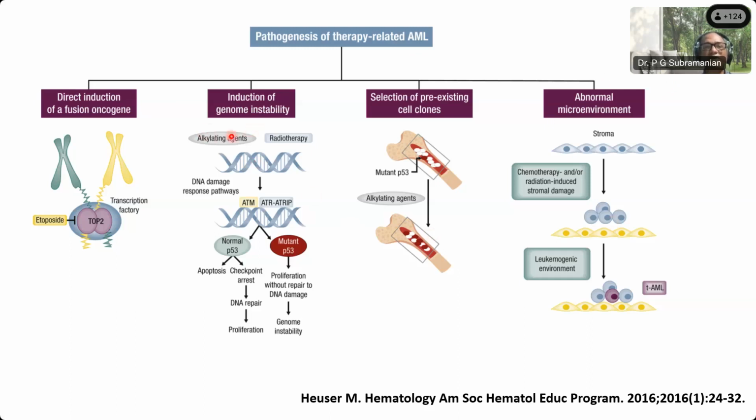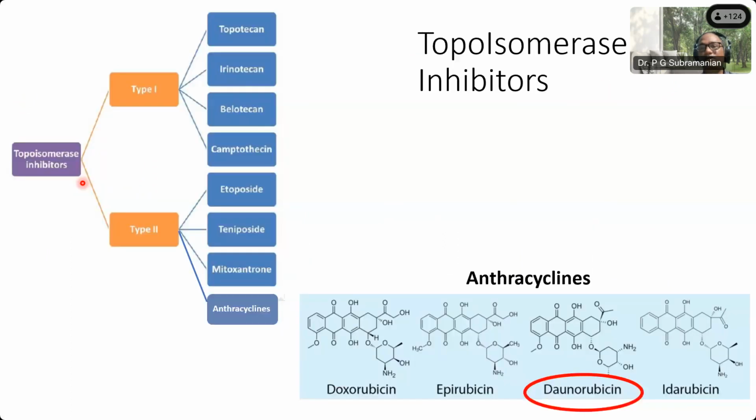We don't have much of alkylating agents or radiotherapy as a part of ALL, but we do have topoisomerase 2 inhibitors, which are part of ALL. Topoisomerase inhibitors are divided into those that inhibit type 1 and type 2. In type 2, you have etoposide, teniposide, mitoxantrone. These are all used very commonly for chemotherapy for various cancers, and you have anthracyclines.